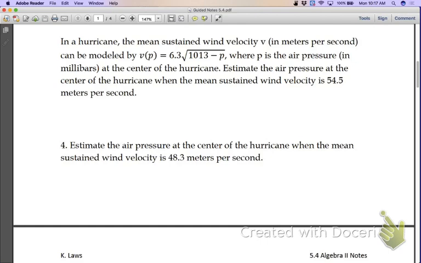So basically, whenever they measure a hurricane and the wind velocity, they go to the center of the eye of the hurricane and check the air pressure to see what the average wind velocity is, because it's going to be different in different pockets of a hurricane. So it's basically their best educated guess, or the best way that they can do it, is to go to the center where the hurricane's not happening and take the air pressure there.